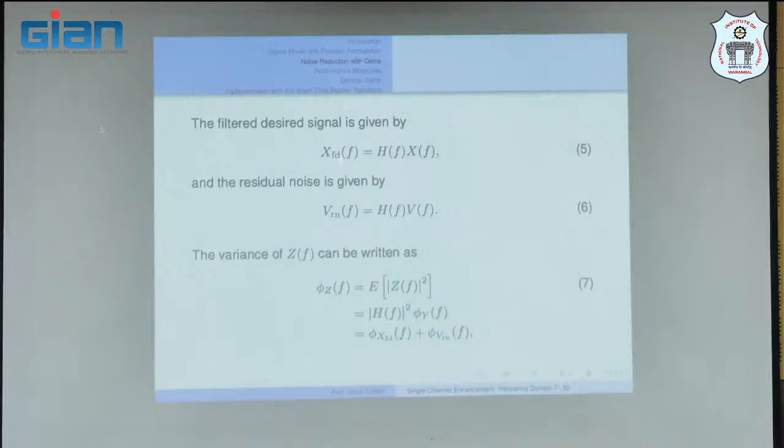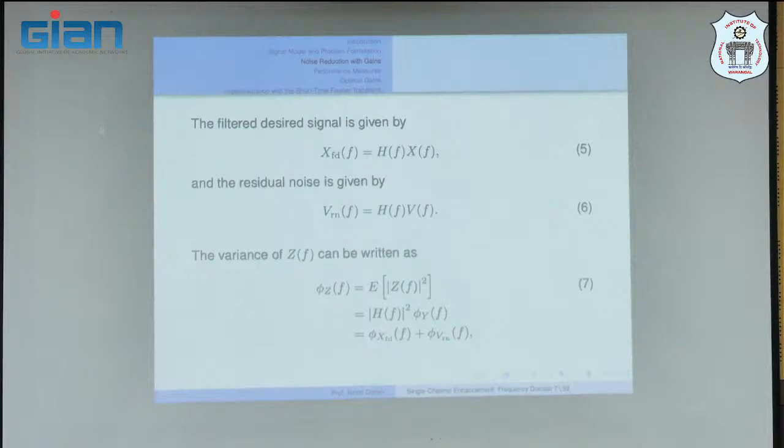Okay, so the X filter desired is simply H multiplied with F, and the residual noise is H multiplied with V in the frequency. So the variance of the signal estimate is a summation of two components.